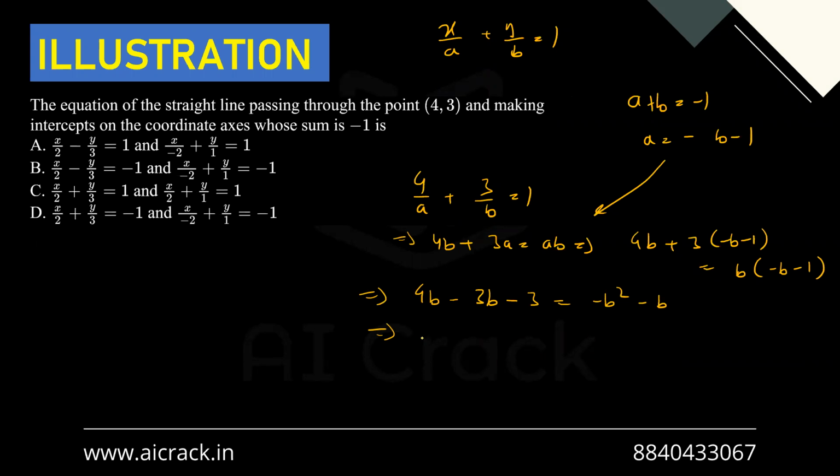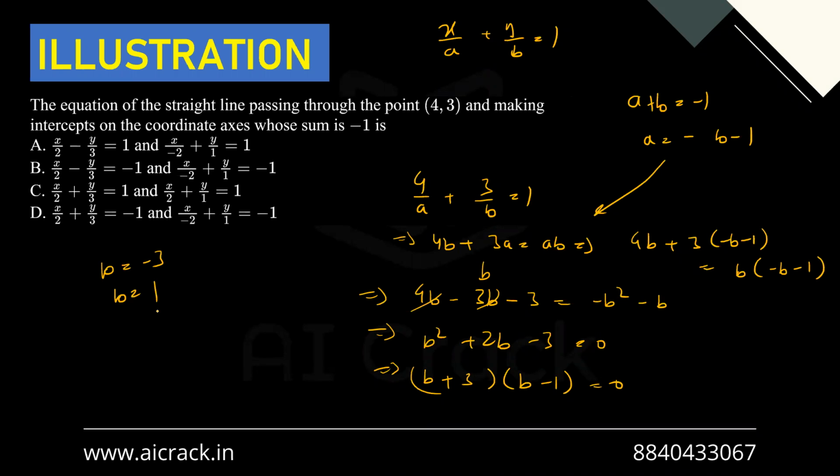So this becomes b square plus 2b minus 3 equals 0. This factors as (b plus 3)(b minus 1) equals 0. So we have got the values b equals -3 and b equals 1.